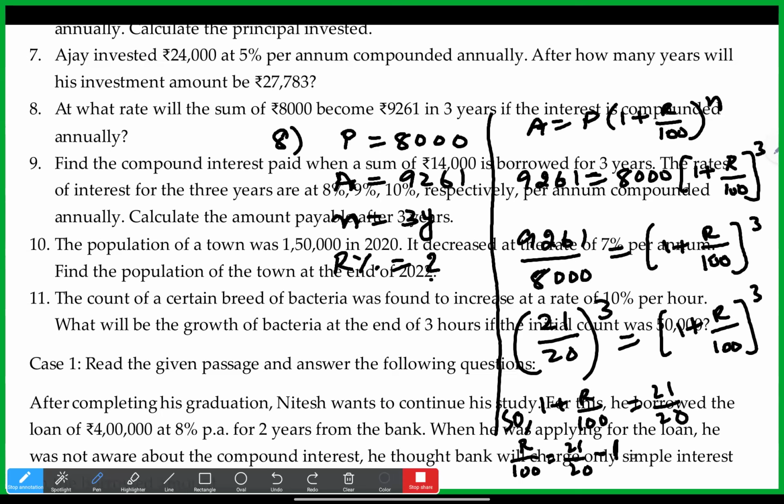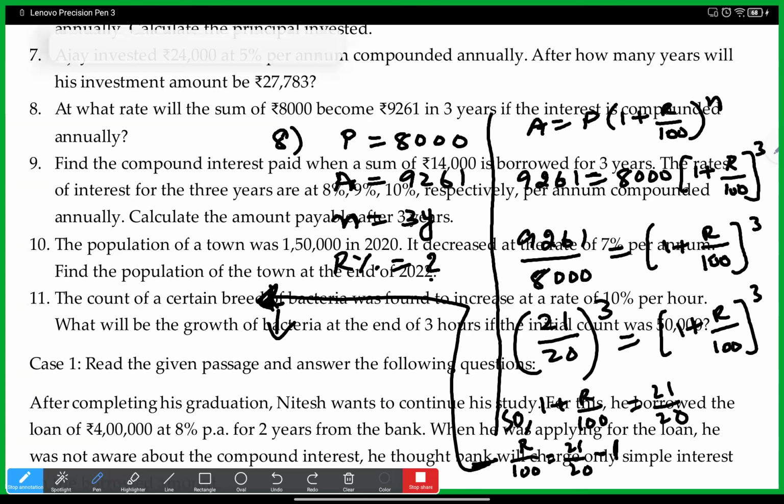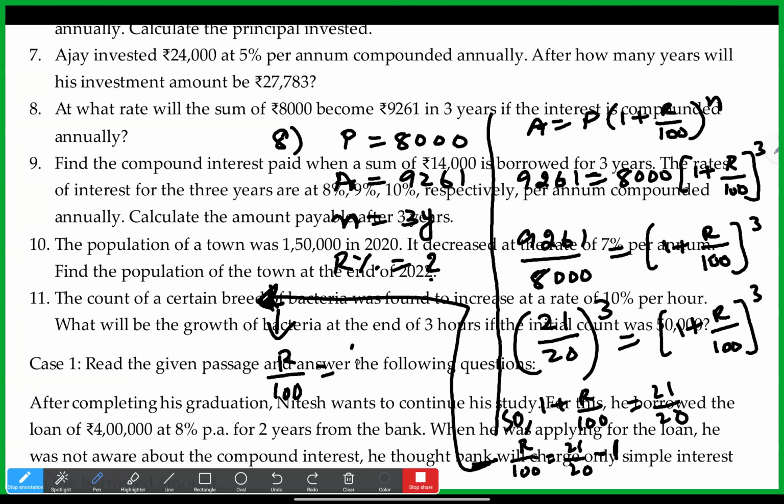If you do it, Vishwa, how much will it become? 1 is 1 by 1, no? LCM is 20. So R by 100 is equal to 21 minus 20 by 20, which is 1 by 20.